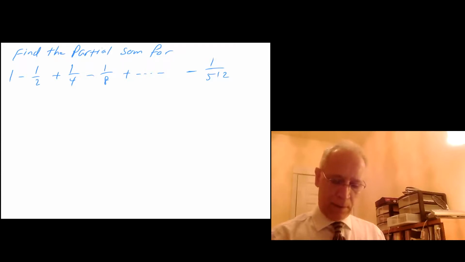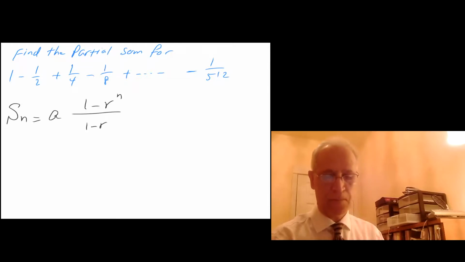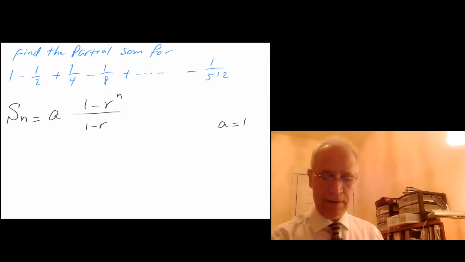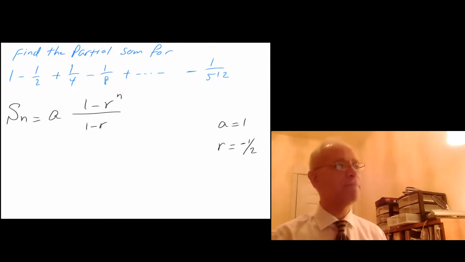Again, we want to use the formula that S sub n equals a times 1 minus r to the n over 1 minus r. What is my a? A equals 1. What is the common ratio? The common ratio is negative 1/2. All I have to do is divide one of these by the previous one, and I get negative 1/2.